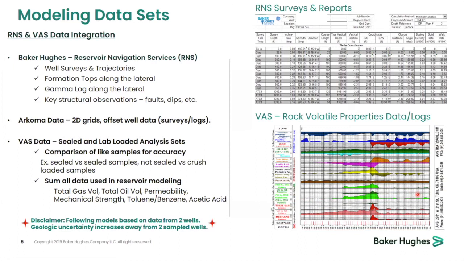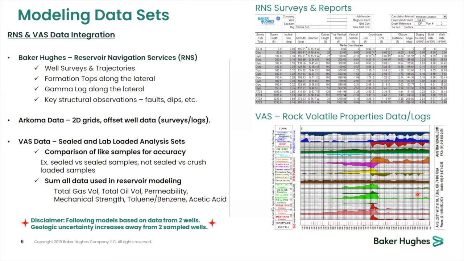One of the most interesting parts of the VAS analysis is the amount of data you can get out of the cuttings, and this is typically an underutilized source of reservoir information. While there are different rock volatile properties we can look at, the ones we're going to focus on today are the total gas volume, the total oil volume, permeability, mechanical strength, acetic acid, and the toluene and benzene ratios.